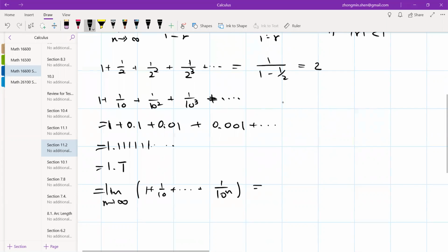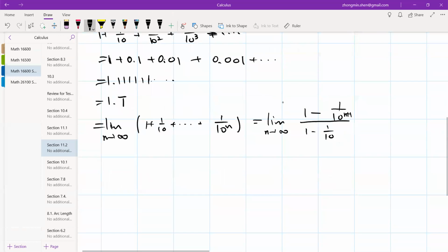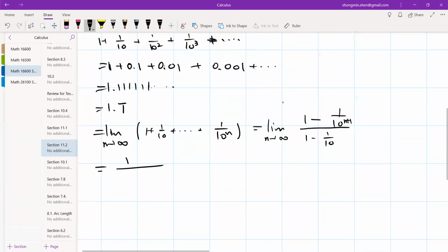Let me redo the problem. It's going to be 1 minus 1 over 10 to the n plus 1, over 1 minus 1 over 10. That term approaches 0, 1 over 10 to the n plus 1.